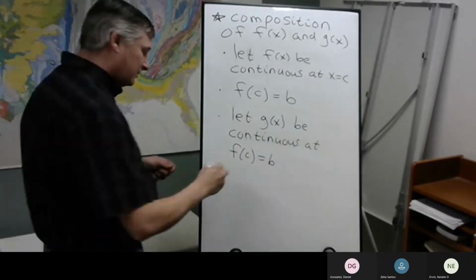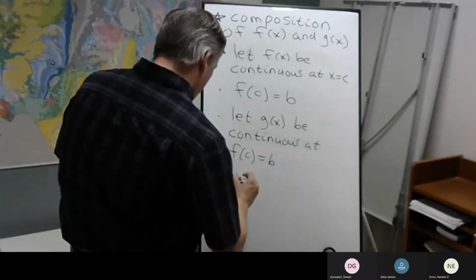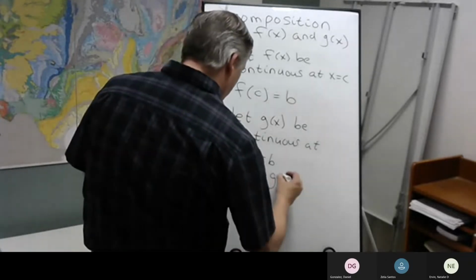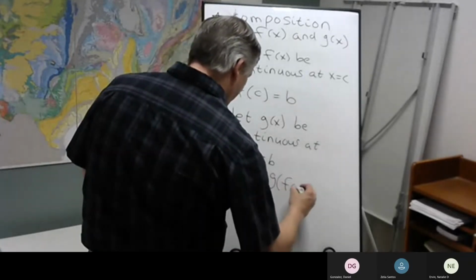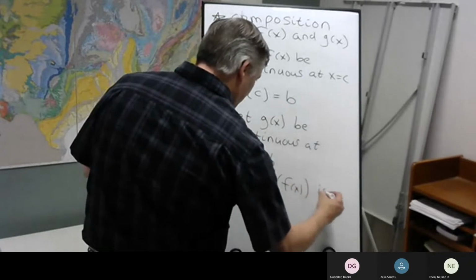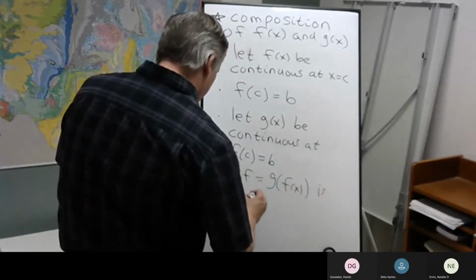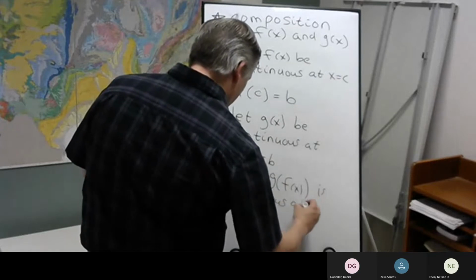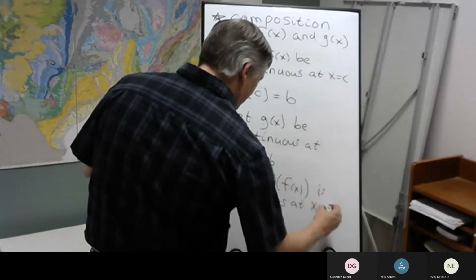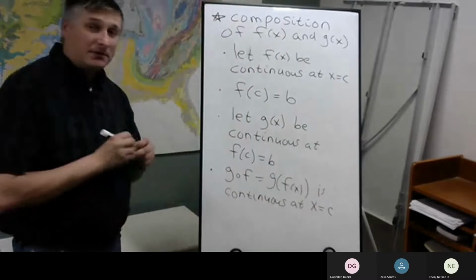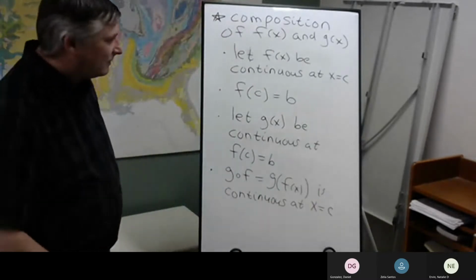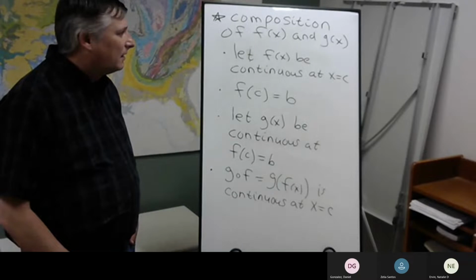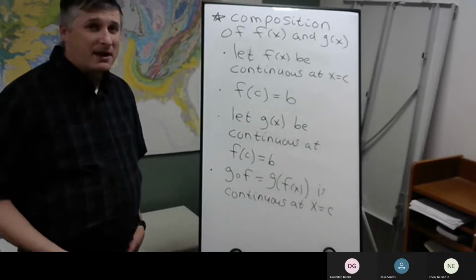Well, then this means g composition f, which is g of f of x, is continuous at x equal to c. Questions about that?